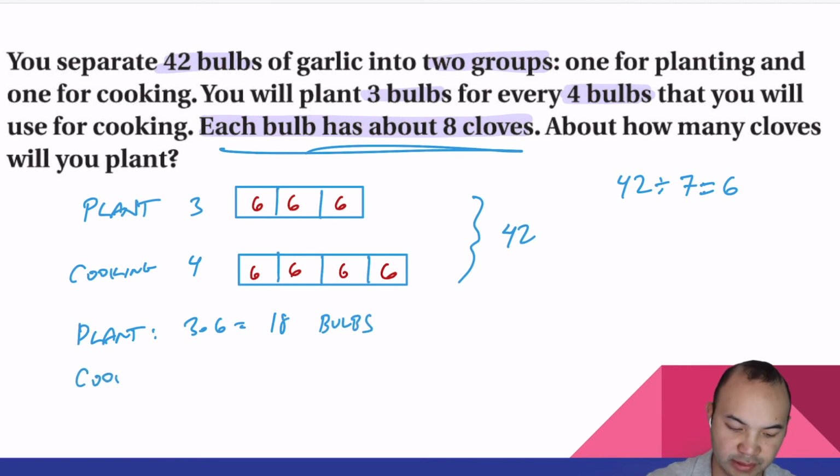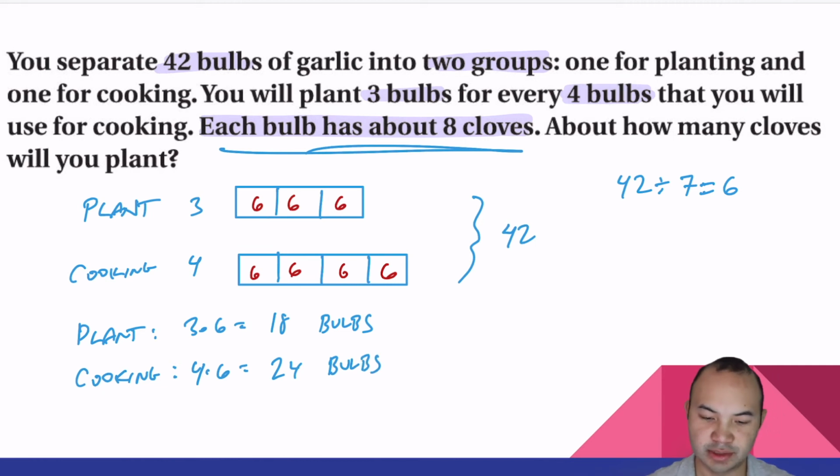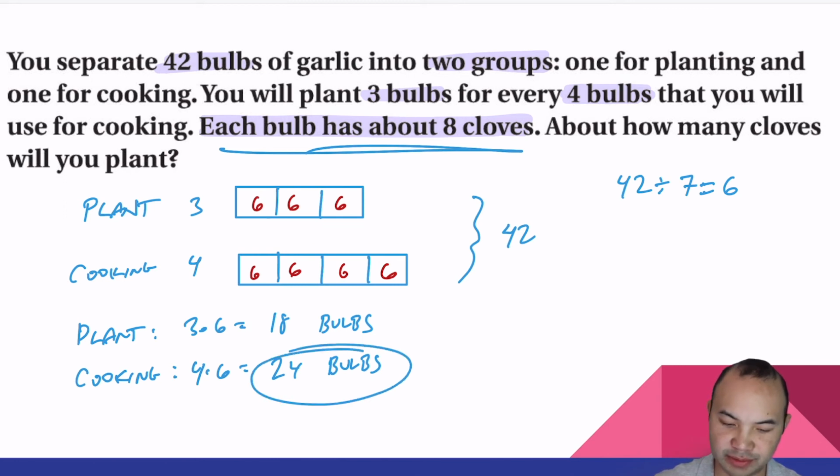And for cooking, I have 4, so 4 times 6, that's going to be 24 bulbs. Okay, so let's see. About how many cloves will you plant? So I didn't even have to do the 24 bulbs one, but that's okay. So right now it says I have 18 bulbs.